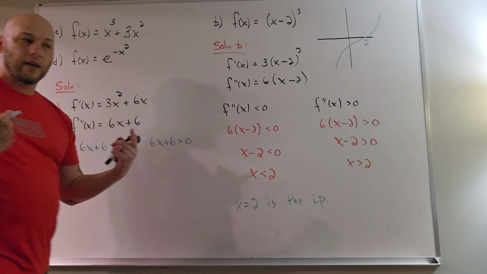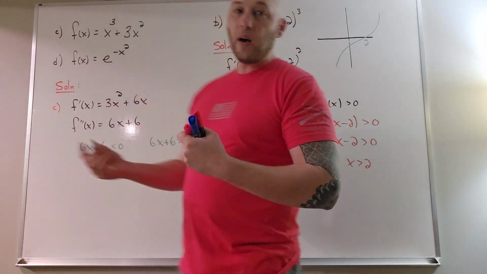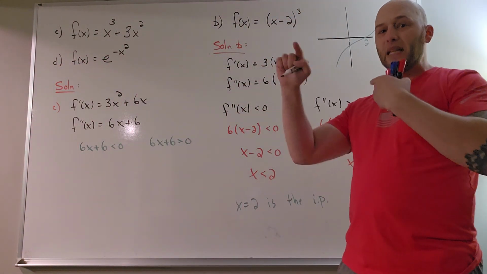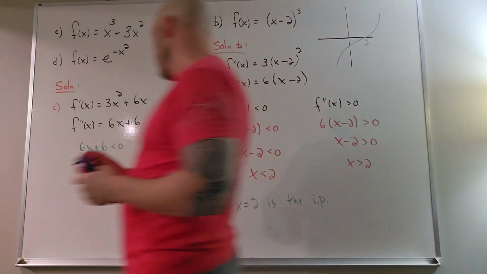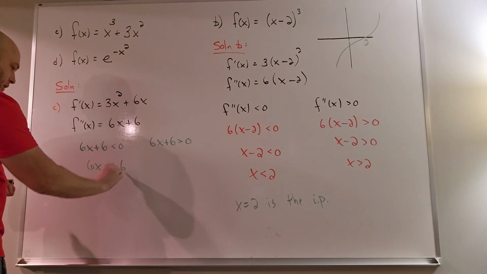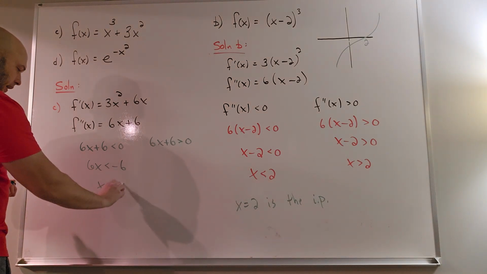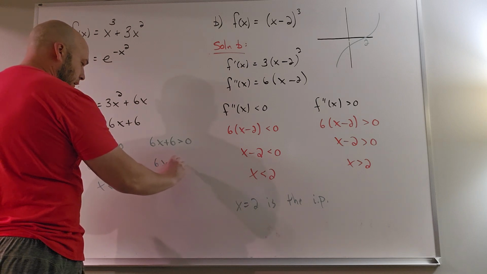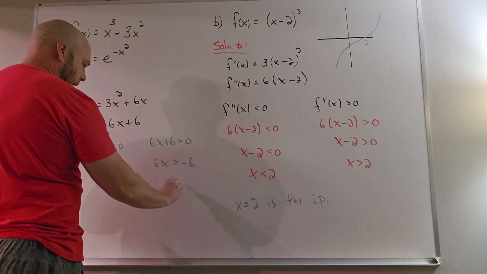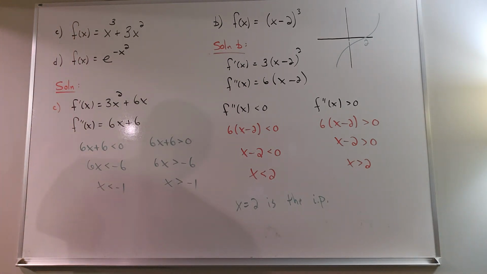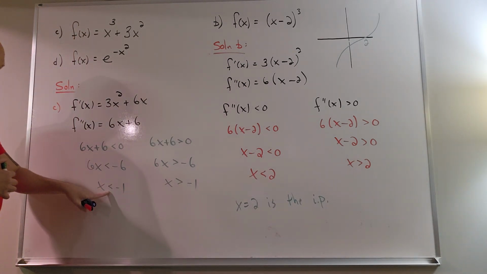That tells me where the function's concave up, concave down, and then I can look and see if there's any points where it's different to the immediate left and right of those. All right. Subtract 6, I get 6x is less than negative 6, therefore x is less than negative 1. Over here, I get 6x is bigger than negative 6, therefore x is bigger than negative 1. And notice that to the immediate left of negative 1, it's concave down.